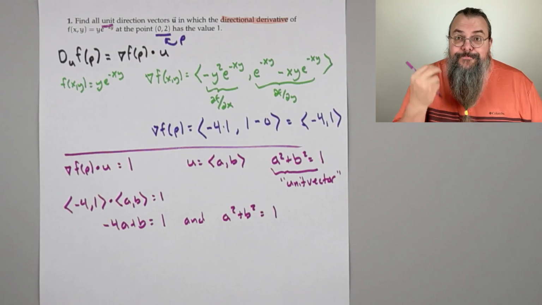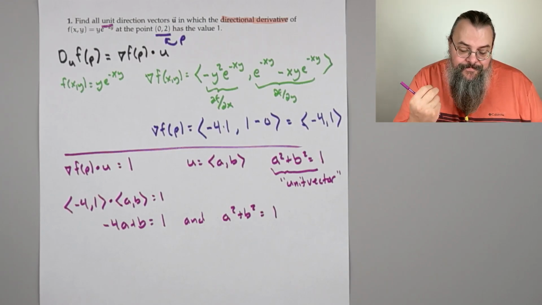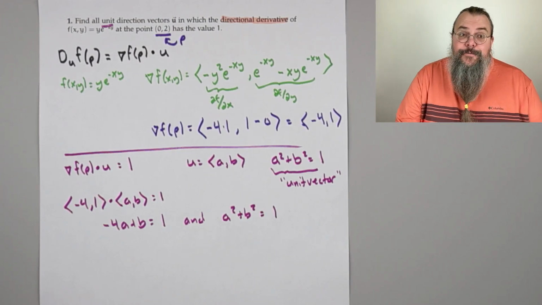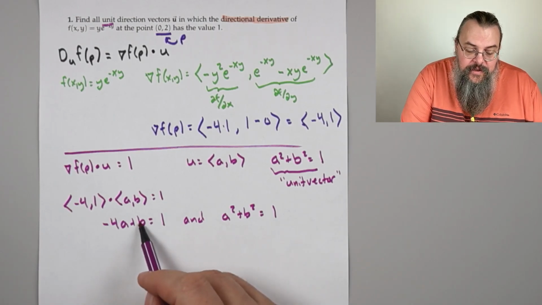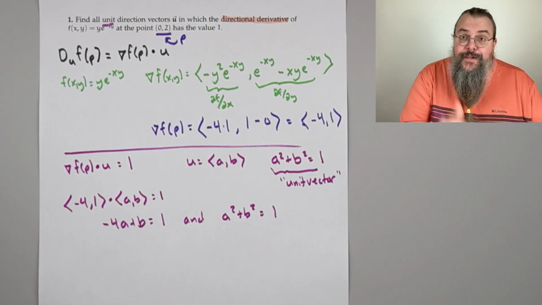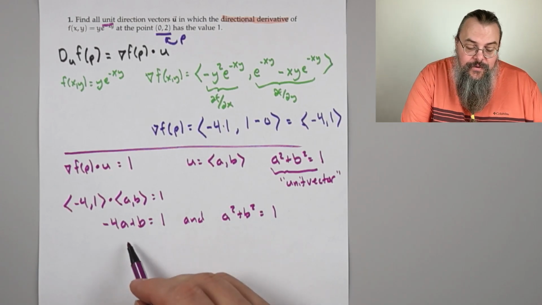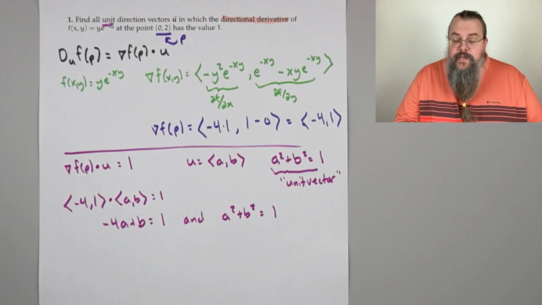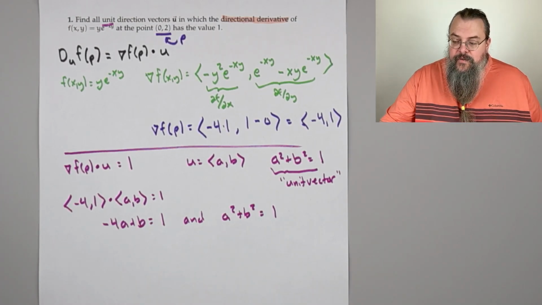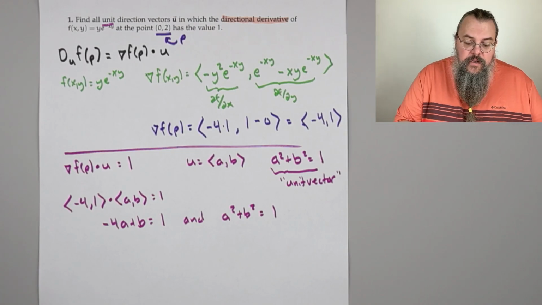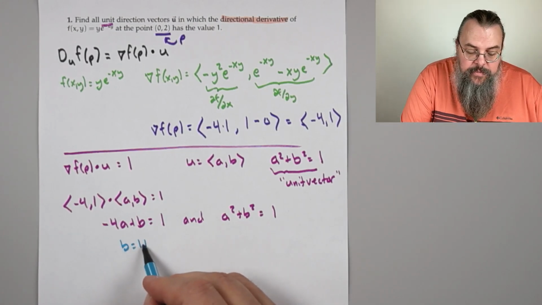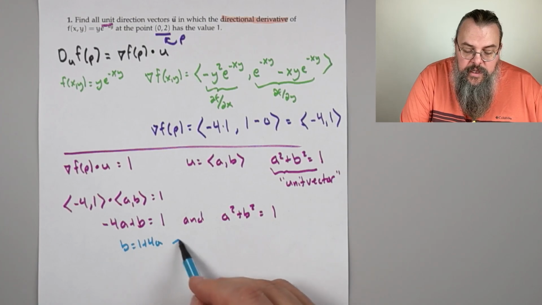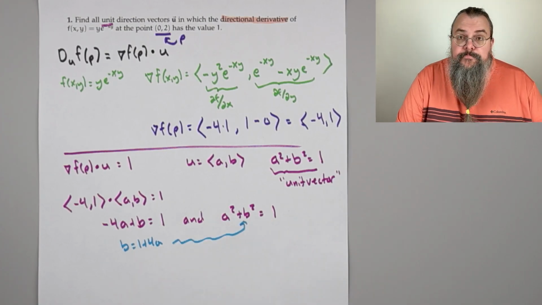Two equations, two unknowns. All right, well, we need to solve. Now, the nice thing here is in this first equation, there's a single b. So we say, all right, let's solve for b there. So we could say that b is 1 plus 4a. And now that we know what b is, let's come into here.